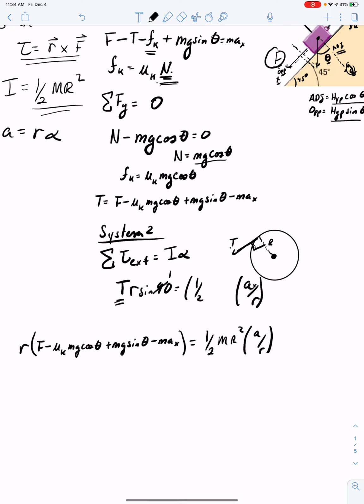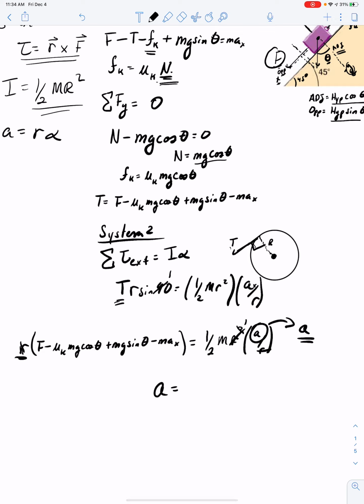The radius can cancel out because we have radius here. So this goes to 1. But then we have another radius right here. We bring it to the other side, completely cancels out. So all the R's are canceled out. And the only thing that you have to solve for is the acceleration.